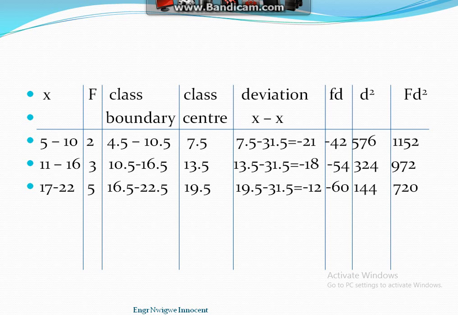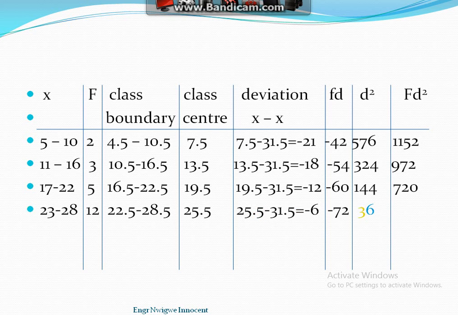Therefore, the frequency 5 times the deviation squared will become 5 times 144, which gives us 720. Then when the weight of the pupils is from 23 to 28, the frequency is 12. The class boundary is 22.